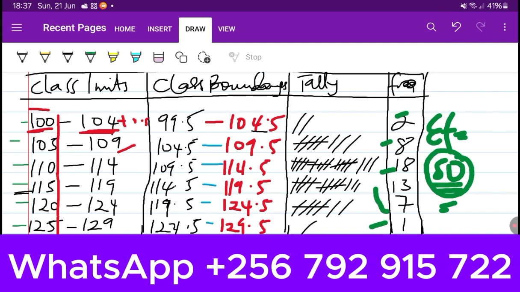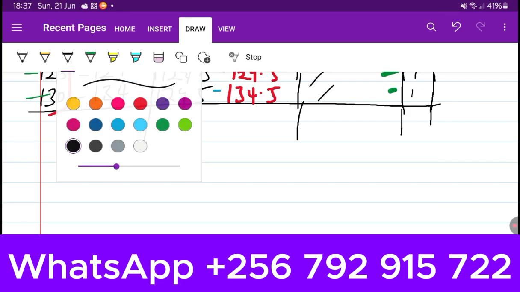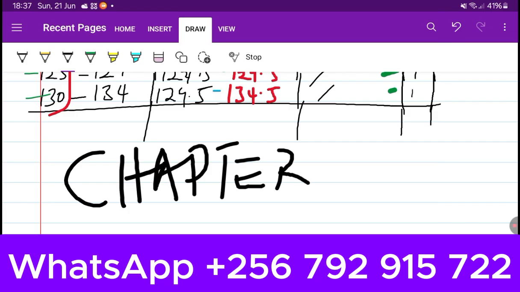Our emphasis is on the histogram, the bar charts, the frequency polygons, the ogives, the stem and leaf, the box and whisker plots, the Lorenz curves, the Pareto curves or graphs.